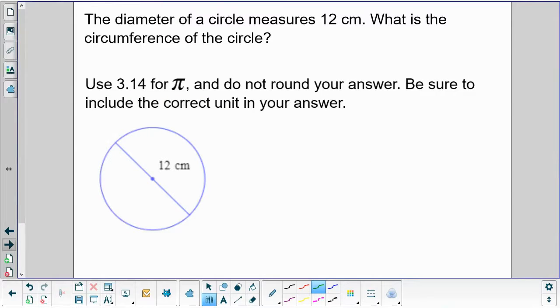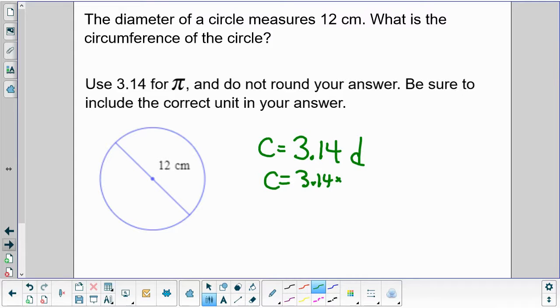The diameter of a circle measures 12 centimeters. What is the circumference of the circle? So remember, circumference is equal to 3.14 times the diameter. Okay, I'm going to write that a little neater. So 3.14 times 12, which is our diameter in this case.